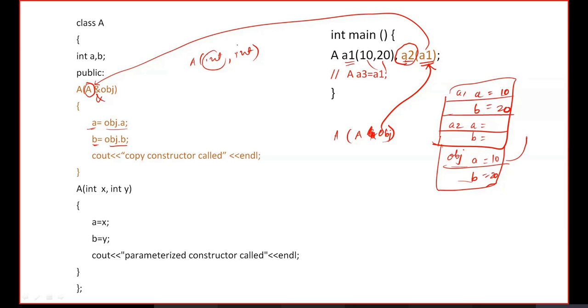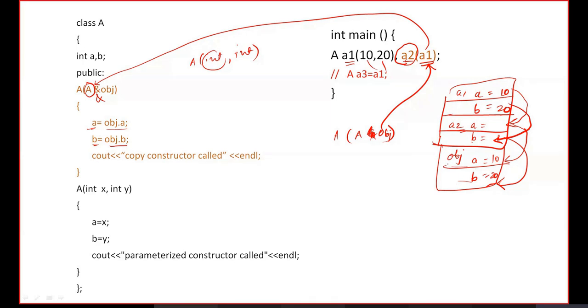So this is getting created in this way, which I don't want. I want A2's A and B should be initialized with A1's A and B and not obj's A and B.